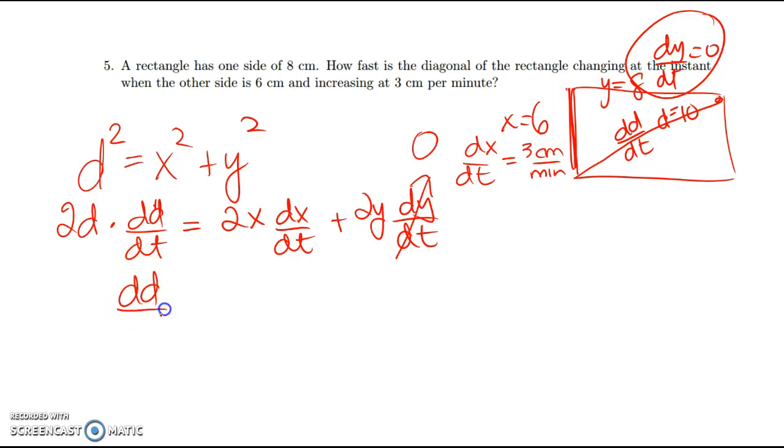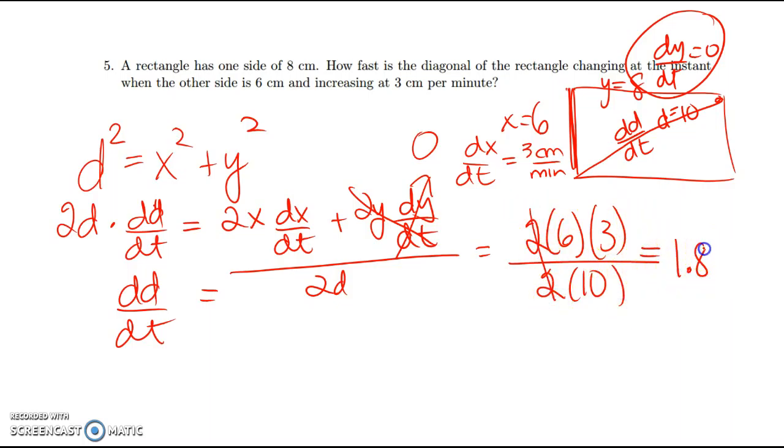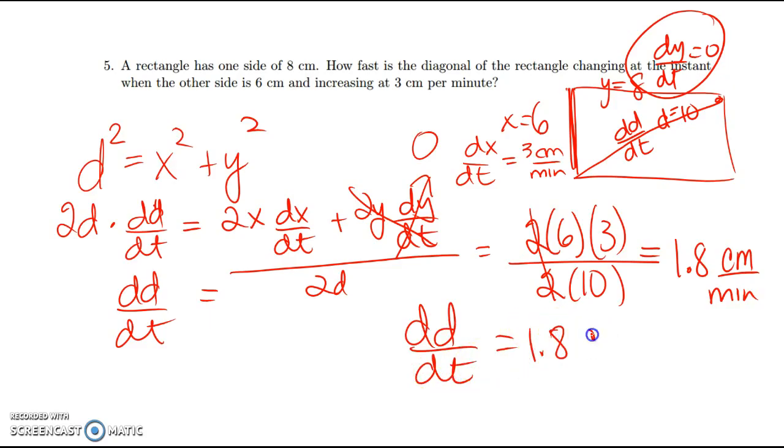So dd dt equals this thing here divided by 2d. So let's plug in what we know. 2 times x, which is 6, dx dt, which is 3 centimeters per minute, divided by 2 times the diagonal, gives us 1.8 centimeters per minute. So the diagonal changing with respect to time is 1.8 centimeters per minute.